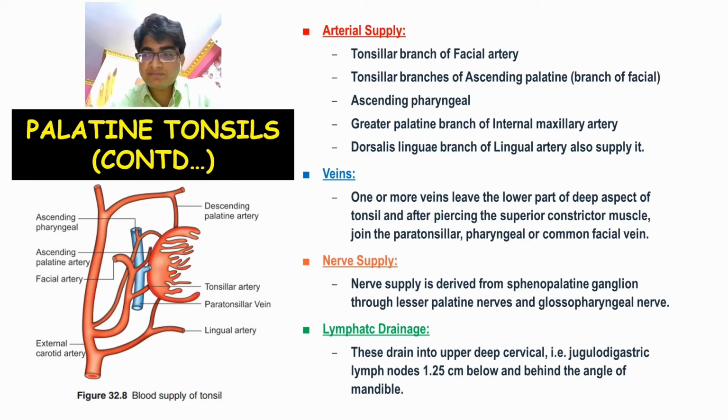Now coming to the point of the blood supply of the tonsils. Correct? So blood supply of the tonsils you should be known of. Blood supply includes firstly the arterial supply, and it is very much important for your exams.